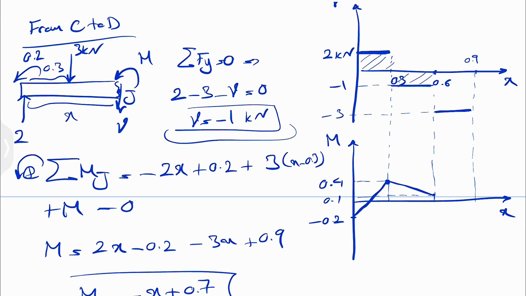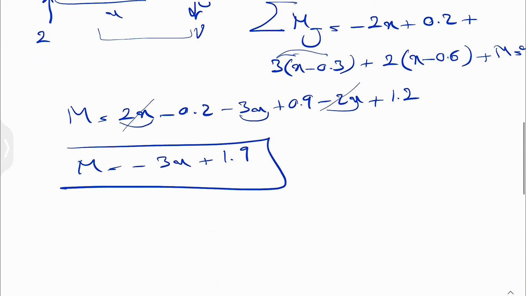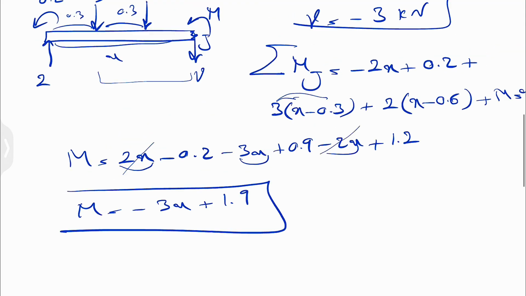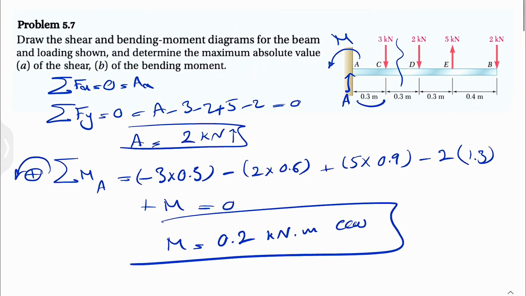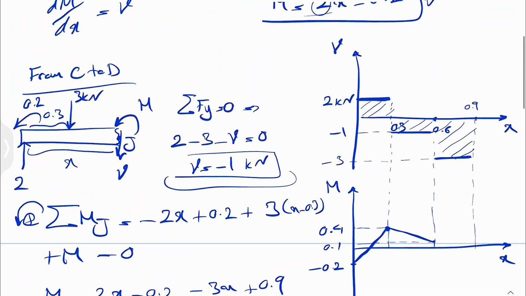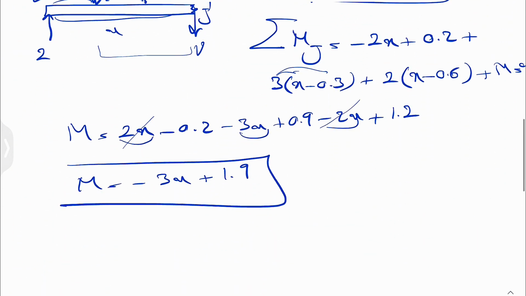Can just shade in here these values, and what we got for the moment is, if we put the end of the beam at that point, which is the point E, we have 0.9. So we have negative 3 times 0.9 plus 1.9, 2.7.